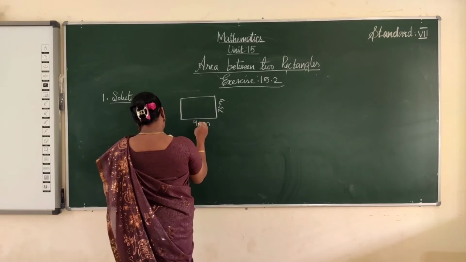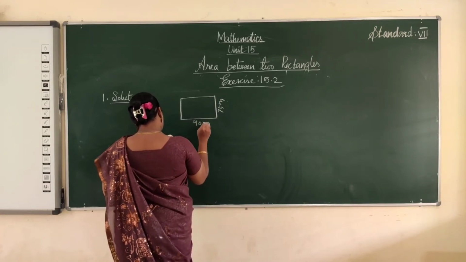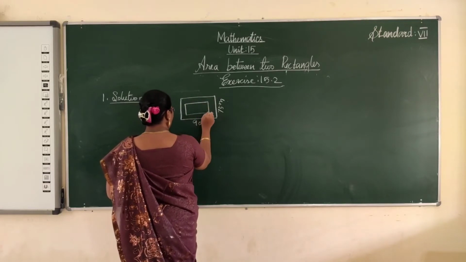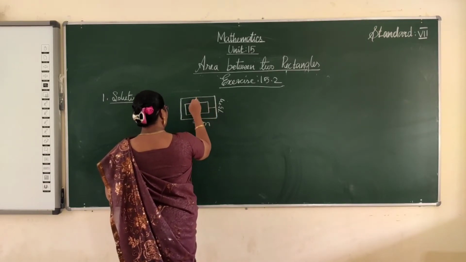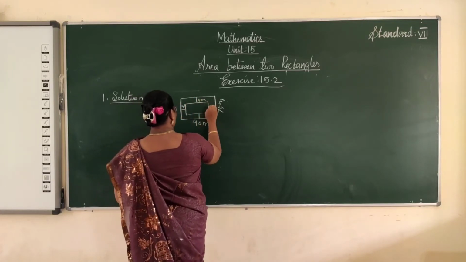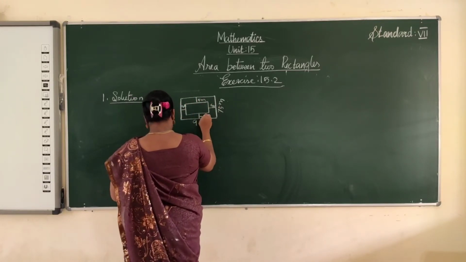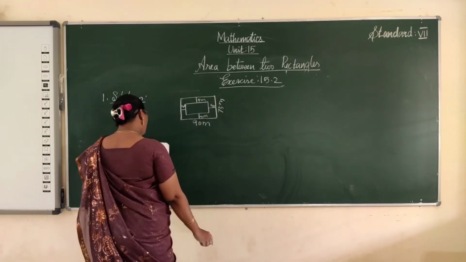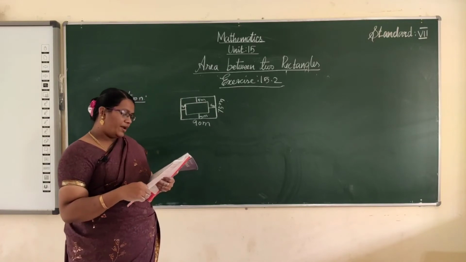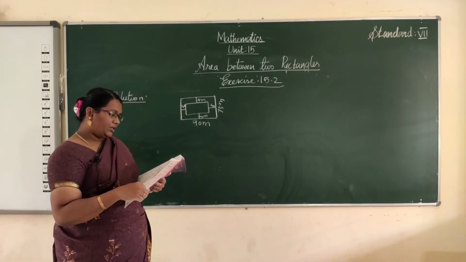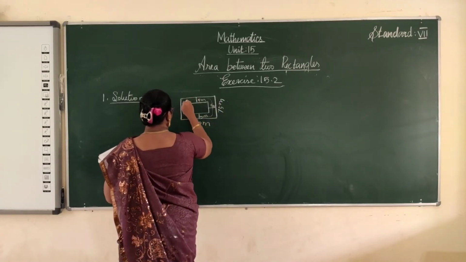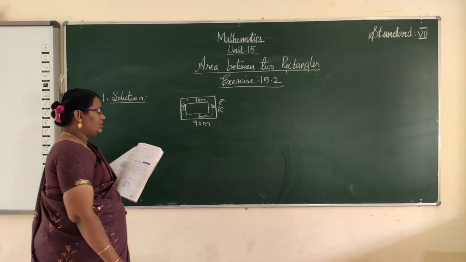The path is 5 meter wide, built all around, so on all the sides, outside it along its border. Find the area of the path. So the first type, they have asked for the area. You have to find it out.